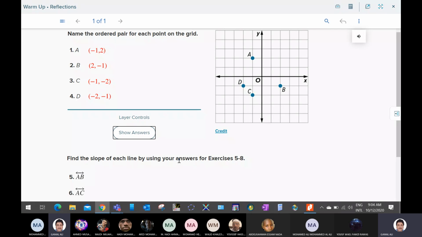Wait. Hey guys, what is the slope of AB?